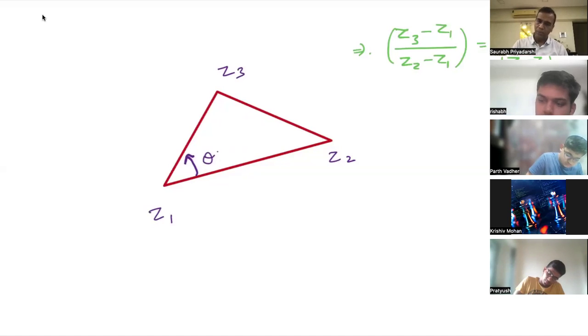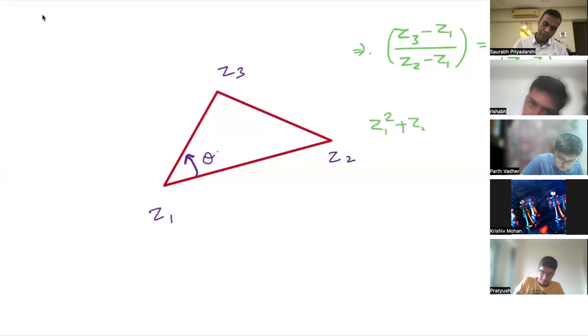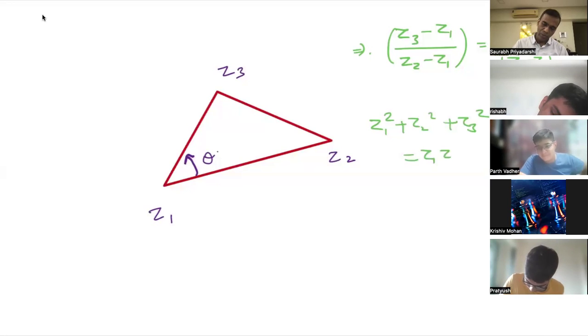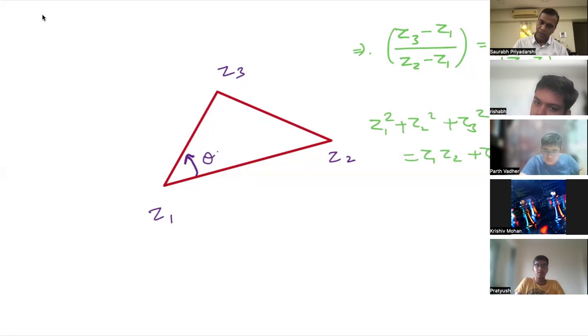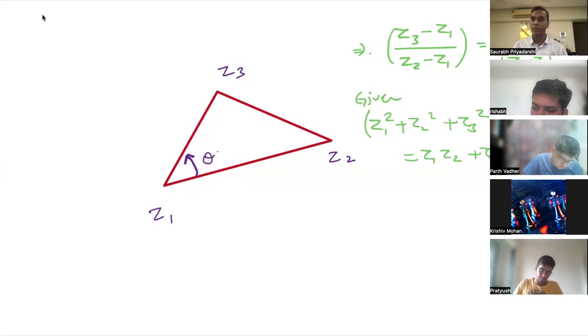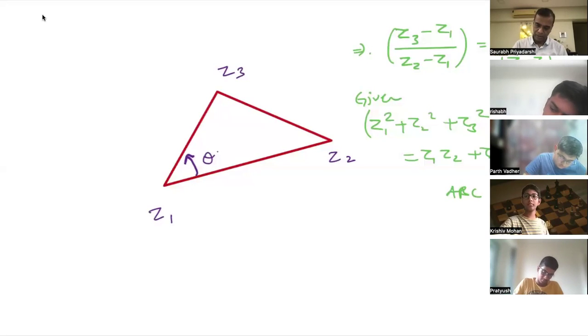So we have already proved that if Z1 square plus Z2 square plus Z3 square is equal to Z1 Z2 plus Z2 Z3 plus Z3 Z1, if this is given, then the triangle ABC must be equilateral, right?